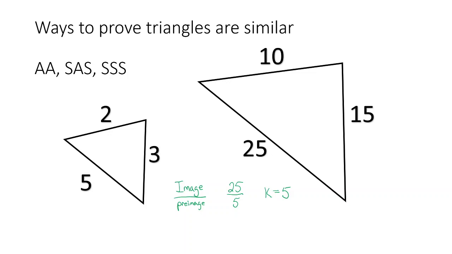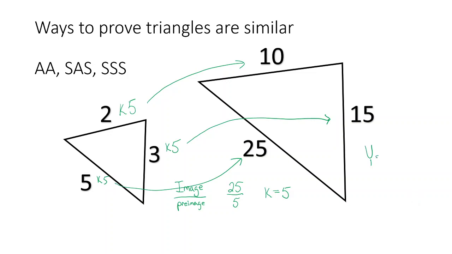So 5 times 5 is 25. 3 times 5 does equal 15, and 2 times 5 does equal 10. So because all the pre-images multiply by 5 to get the image, we would say yes, these are proportional because of side, side, side.